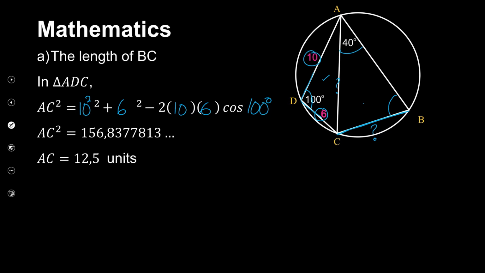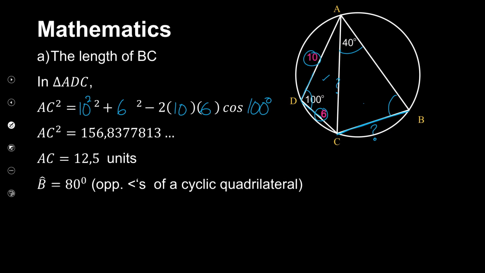We need to find BC, because they did say we could round it off to 1 decimal place. We're going to use our second triangle, and we already said that the angle B has to be supplementary, so we know B, because that was 100 degrees, B will now just be 80 degrees because it's the opposite angle of a cyclic quad, because together we needed them to be 180 degrees. Okay, so now we're going to use the sine rule in triangle ABC because it's exactly what we were trying to do.